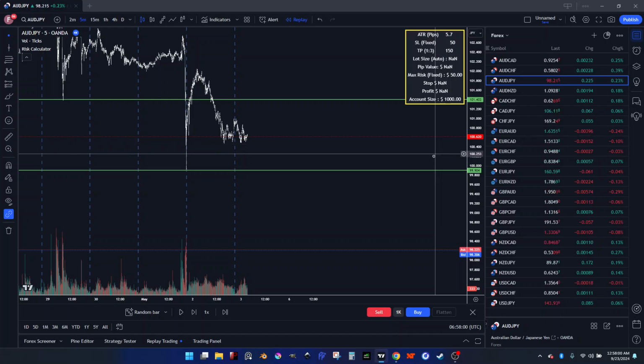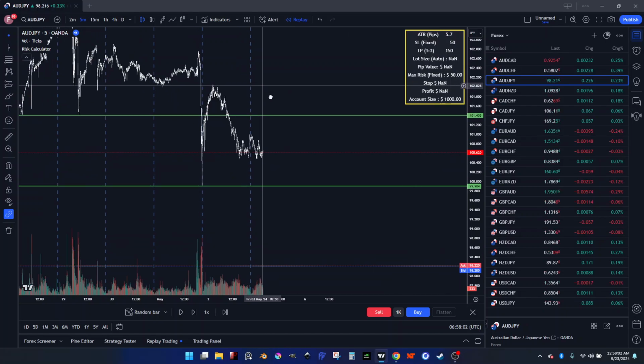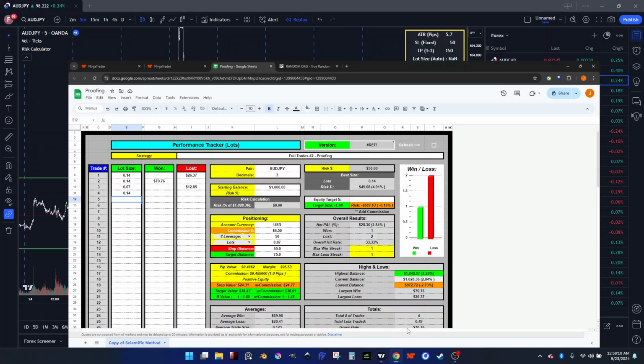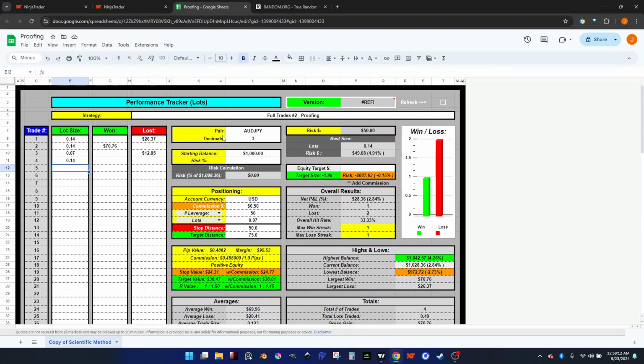So on this one here, we may have to adjust a little bit. We're looking at 162. We may have to go about... Let's do something like 150.